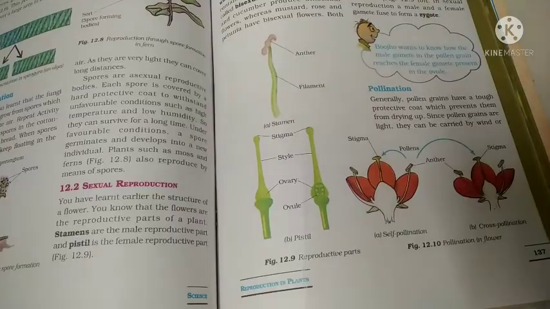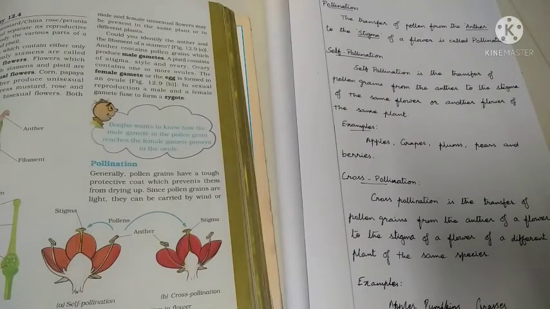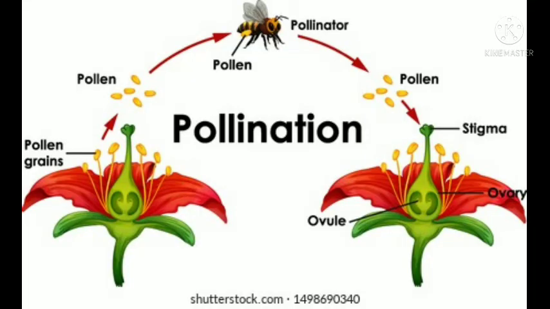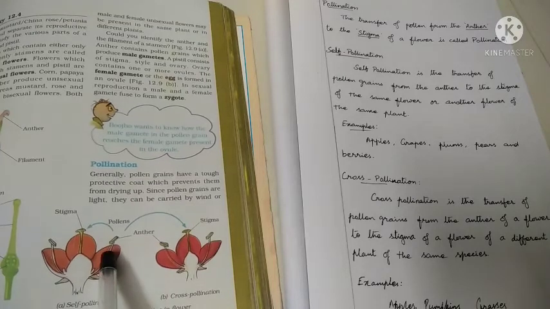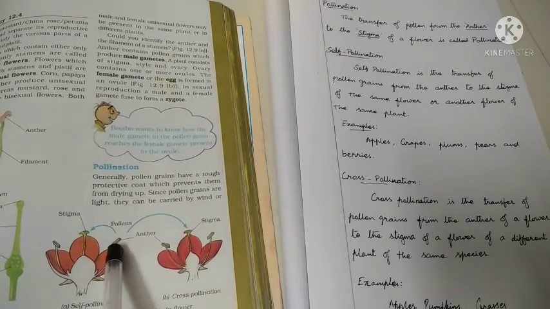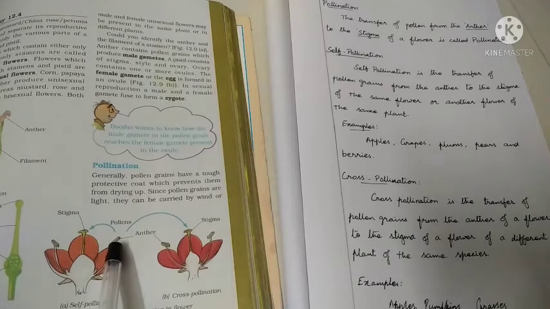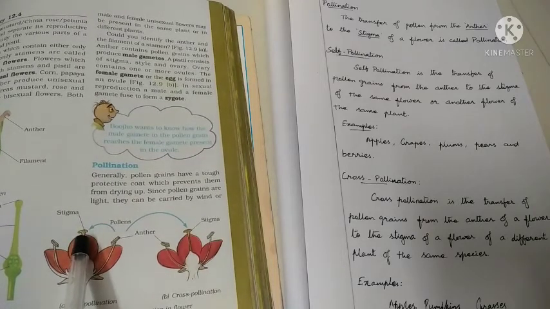Okay children, now let us learn what pollination is. The transfer of pollen grains from the anther to the stigma of a flower is called pollination. So listen carefully, children. The anther consists of pollen grains, which are transferred to the stigma of a flower.